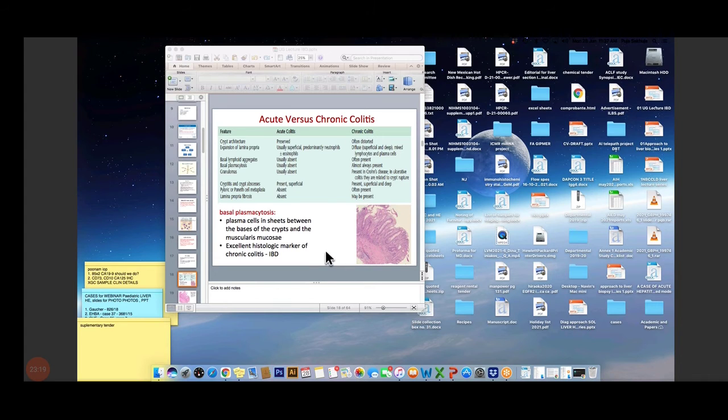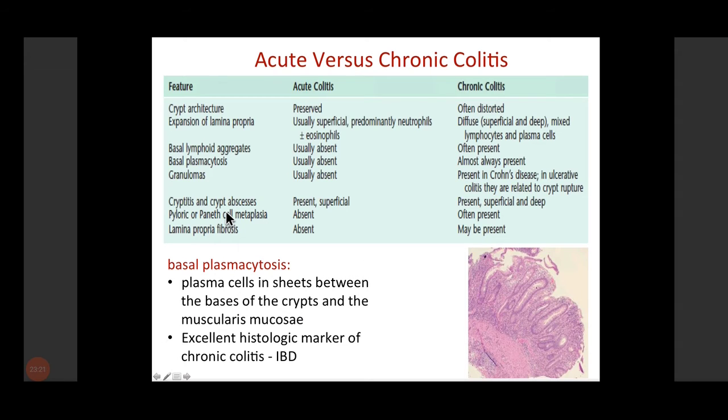So now, I just told you that the basal plasmacytosis is an important feature. And basically, it is an acute on chronic colitis, sorry, not an acute versus chronic colitis.